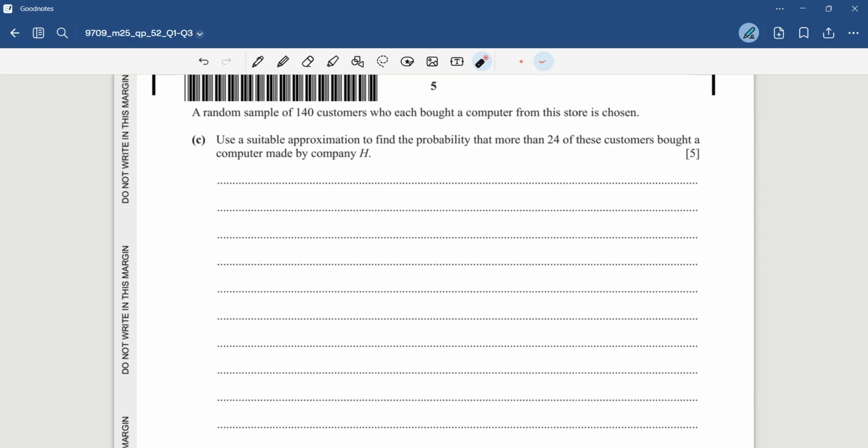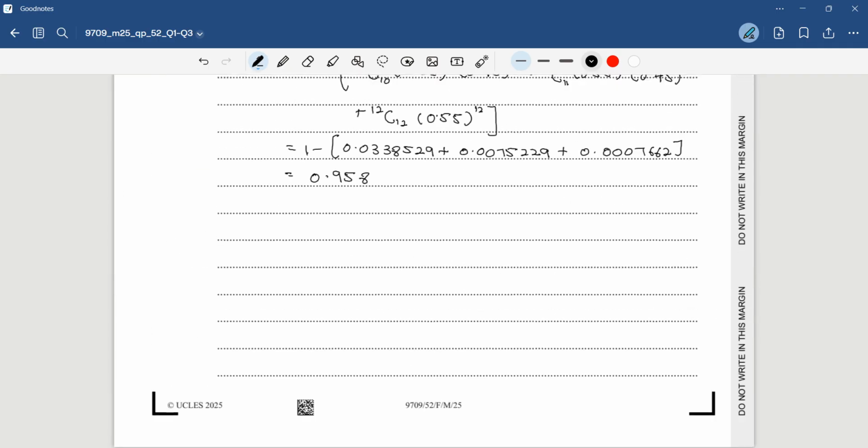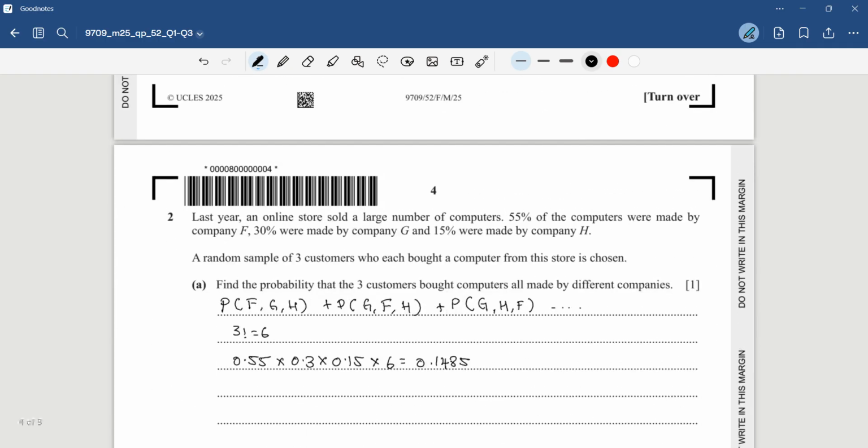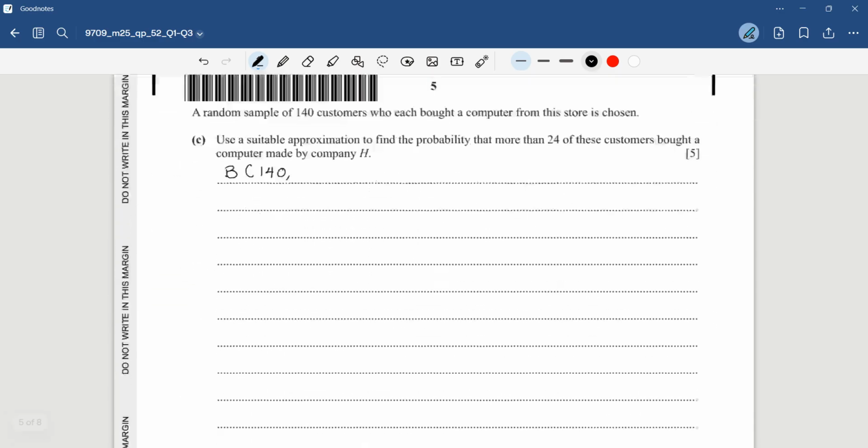Okay, so find the probability that more than 24 customers bought a computer from H. So here it is initially a binomial, with 140 customers and from H, the probability of getting H is 0.15. Okay, so 0.15. So since it is, you can test your np.